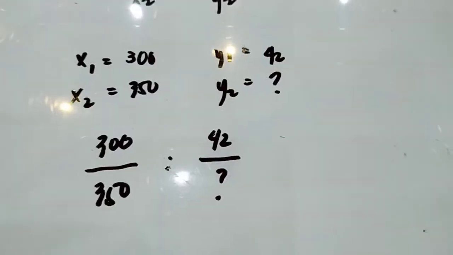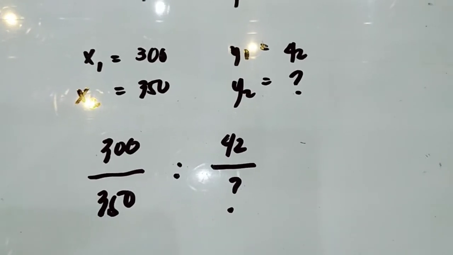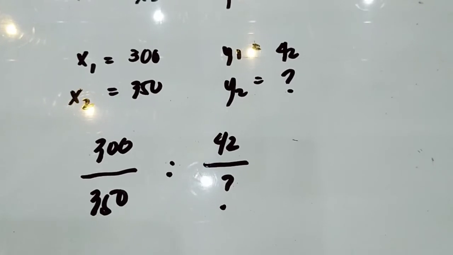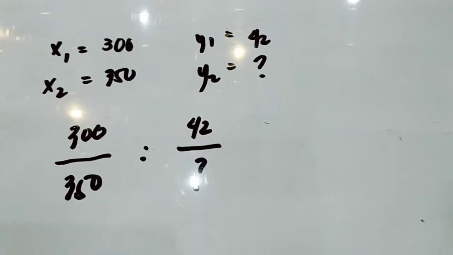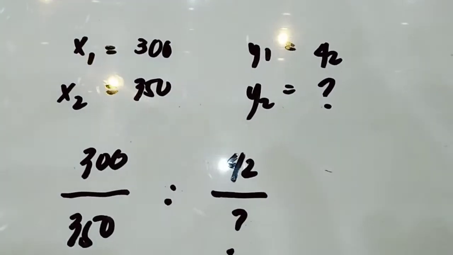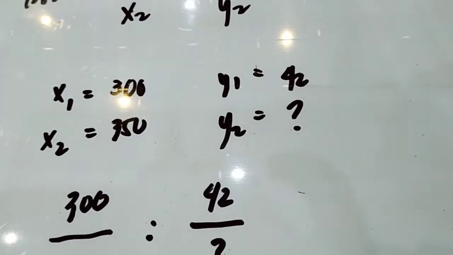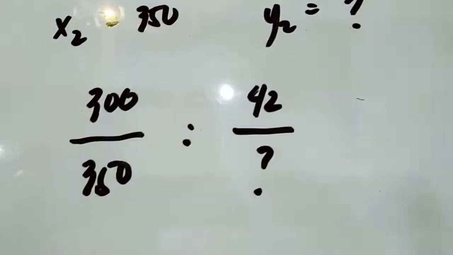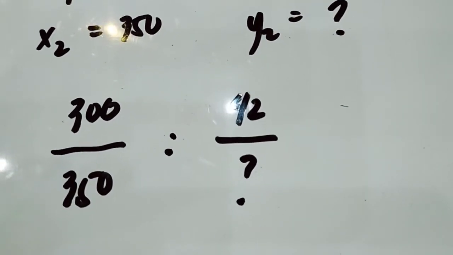So we have, following what we did earlier, the formula. 350 times 42.